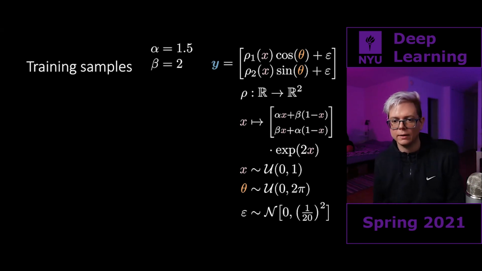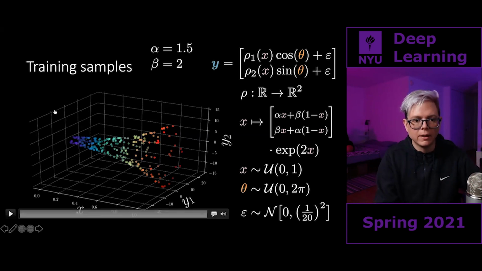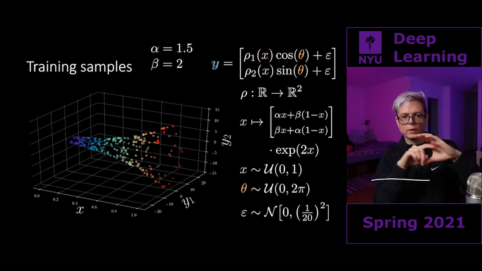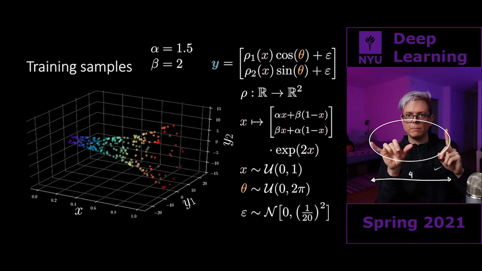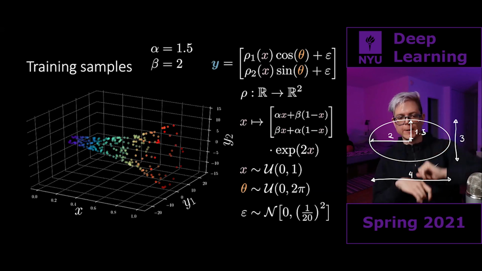So how does it look? I'm going to show you right now. As I told you a second ago, we start on the left-hand side with a horizontal potato, right? We said this one is going to be 4 in diameter, so 2 is going to be the x radius, and then 1.5 is going to be the y radius, or 3 is going to be the y diameter.